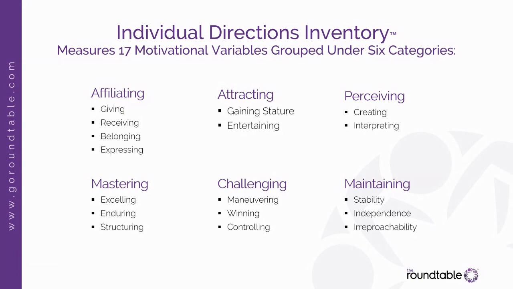Yes. So affiliating, the giving category, seems a lot like the type 2 Enneagram. There seems to be a slight correlation there. Yeah, there is. Always wanting to give is very type 2. And attracting sounds a bit like type 3 in the Enneagram. So liking that recognition, liking that other people notice that you're achieving something.